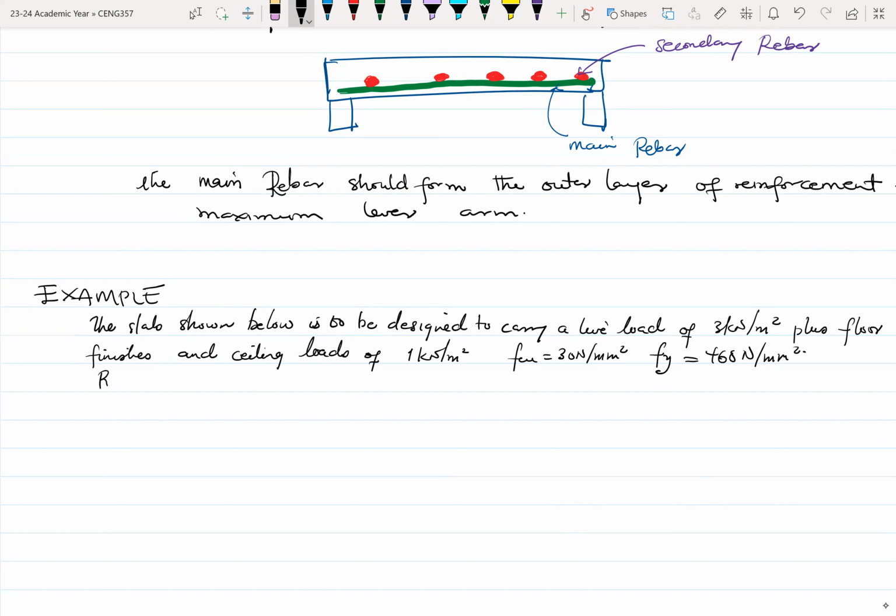We are given that the basic span to effective depth ratio is 20. So this should fall in the category of simply supported. All right, so this is what we have for the beam. We have a slab.